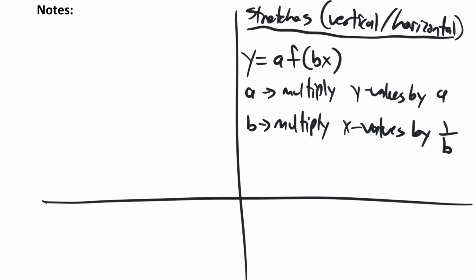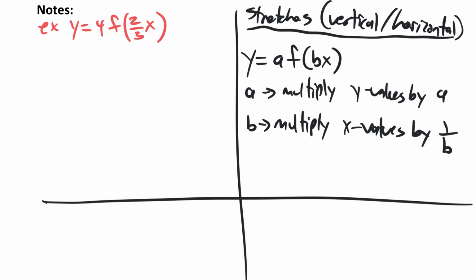So as an example over here, let's say you had y equals, let's do a different number, 4 f of, let's do something tricky. Let's do 2/3 x.